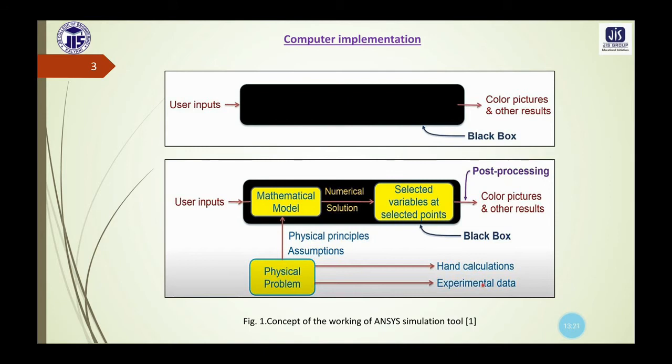Suppose in user inputs, we need to first draw the geometry of that model. Then we need to perform the meshing, which is actually the discretization. So the concept of this meshing or discretization is already discussed earlier.